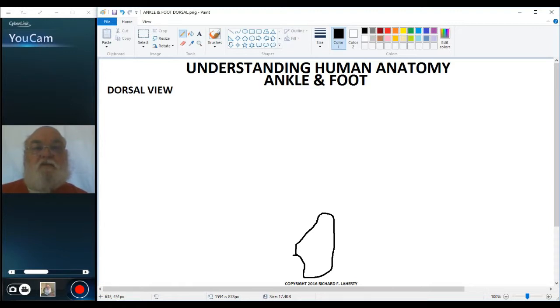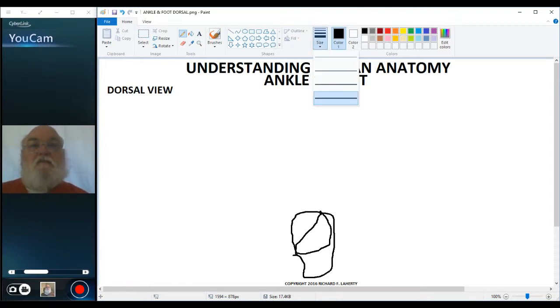And let me sketch the talus in. Like so. And the talus will articulate with the tibia. And the articular surface for the talus with the tibia will be in this region.